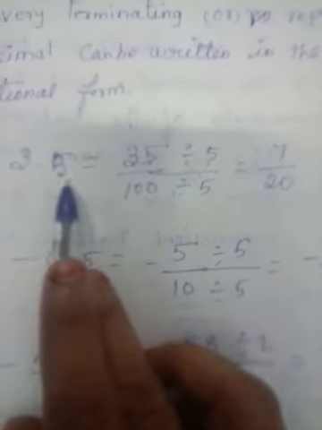It has the common factor 5. When the numerator and denominator are both divided by 5, we get 7/20. You can also write 3.5 equal to 7/20.